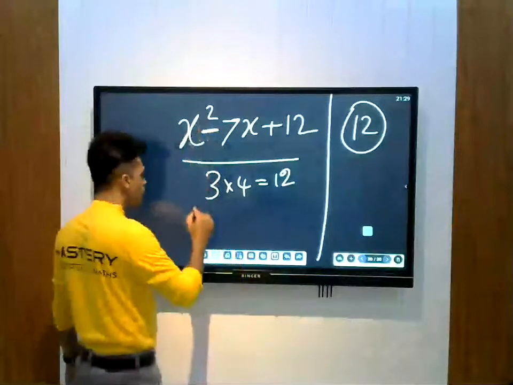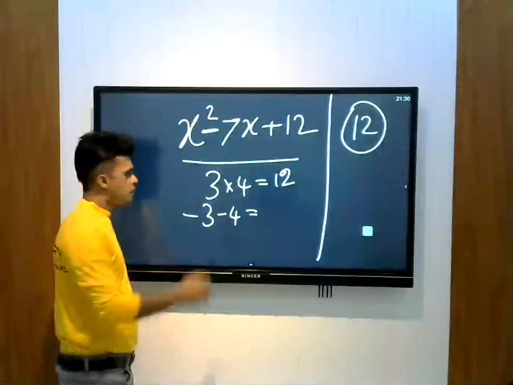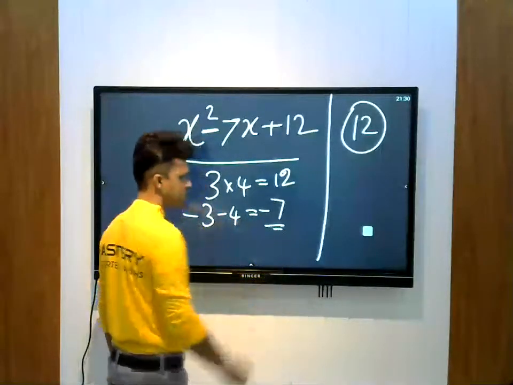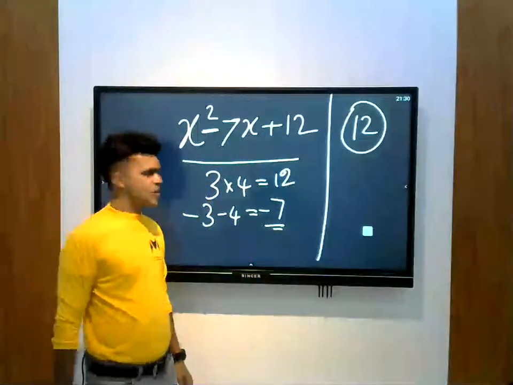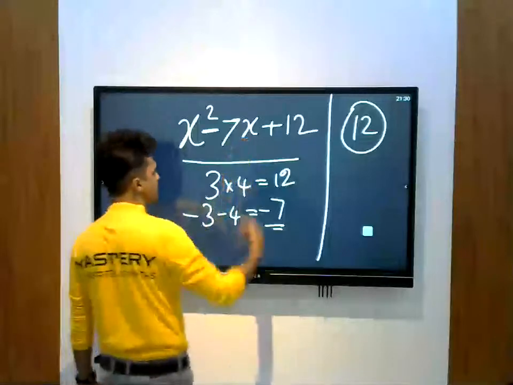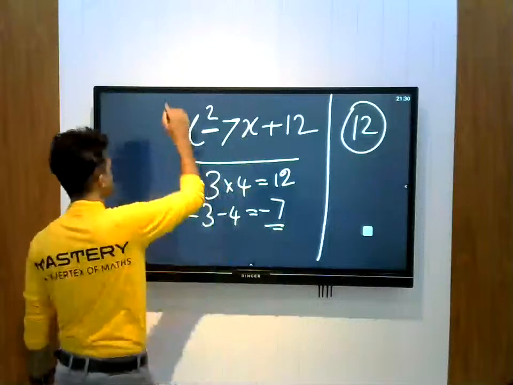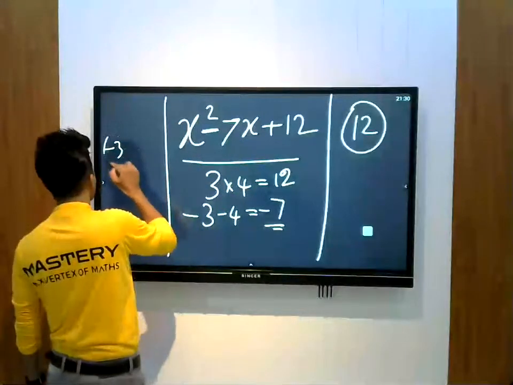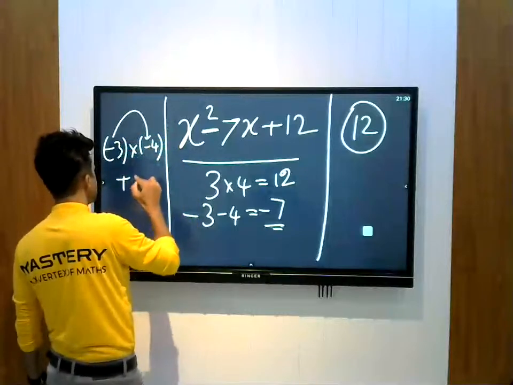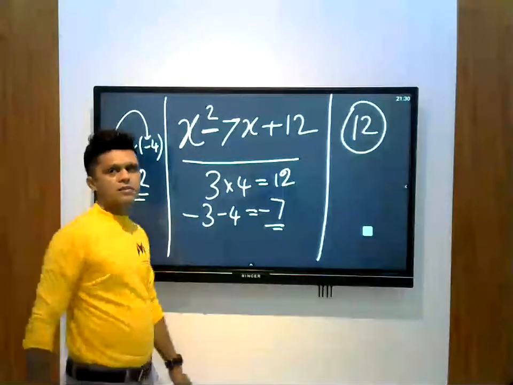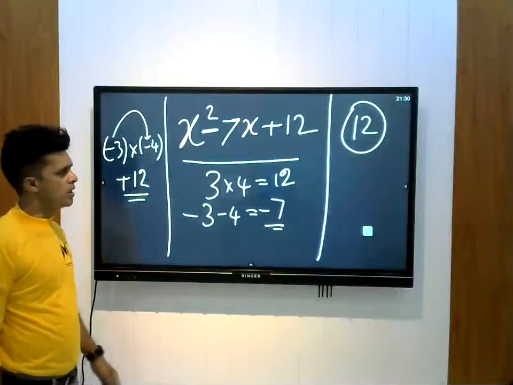Anyway, now minus 3 minus 4. What is minus 3 minus 4? Minus 3 minus 4 is minus 7. Already I taught you these terms. Not only that, when you multiply minus 3 by minus 4, minus into minus is plus. 3 times 4 is 12.